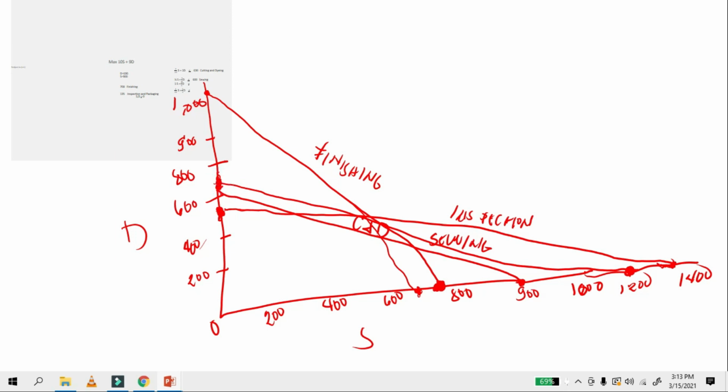And lastly, we have the inspection and packaging, the last constraints of our mathematical model. We have the standard, which is 1,350 and 540. So that is our graph.